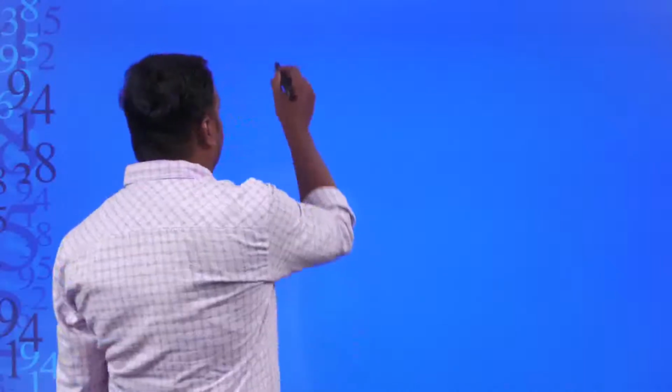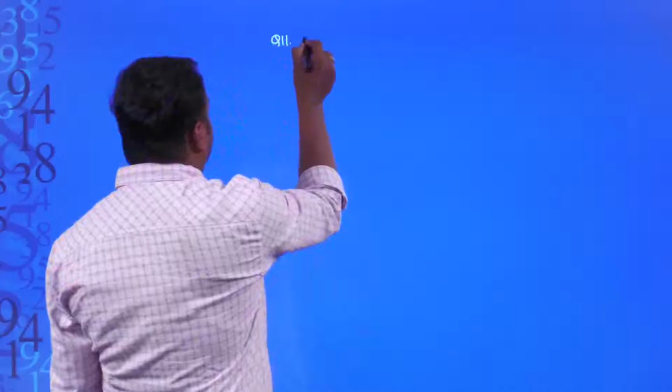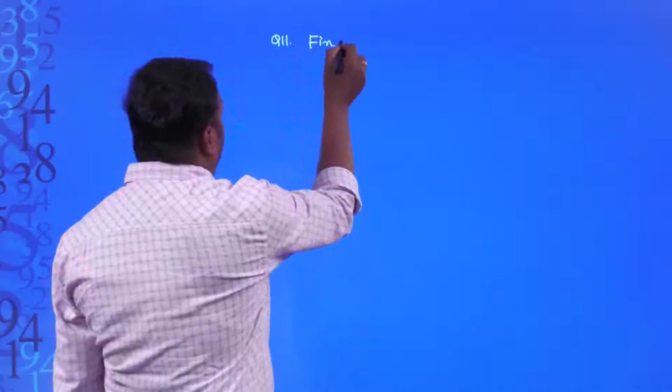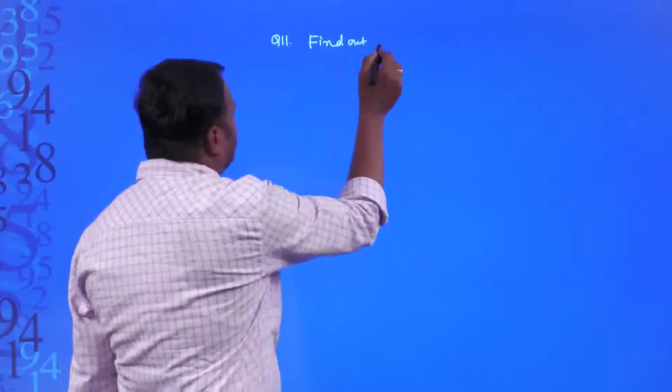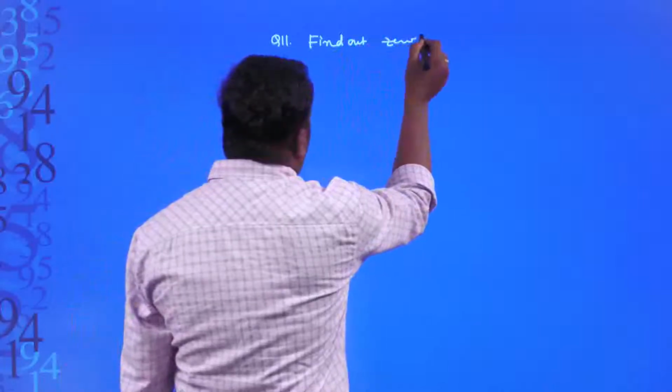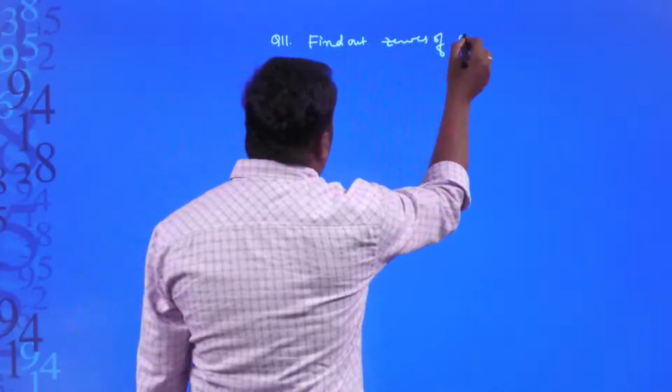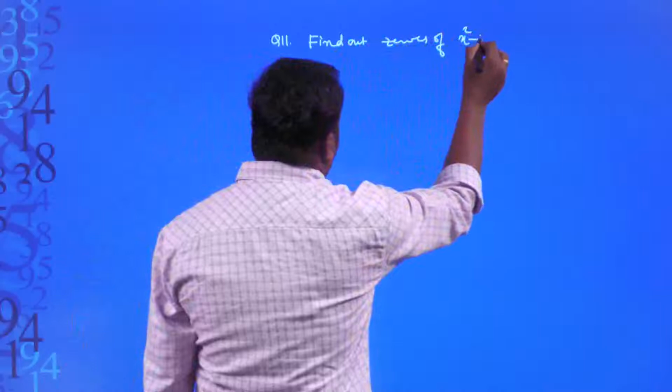Okay. So the problem here is: find out zeros of x square minus 17.